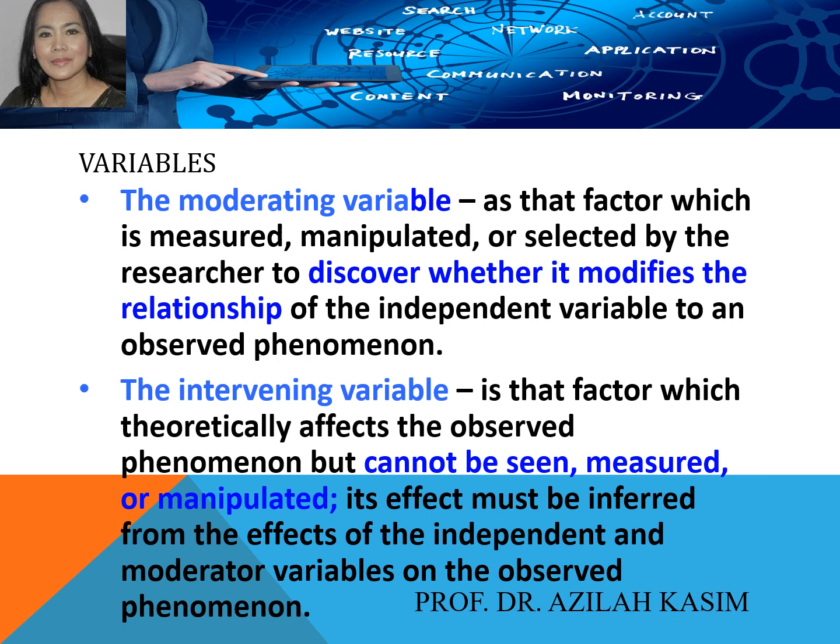Actually, it makes the research more complicated when you try to consider something as an intervening variable. So it is not affecting the direct relationship between dependent and independent variable, but it affects the relationship between the independent and the moderating variable, for example.